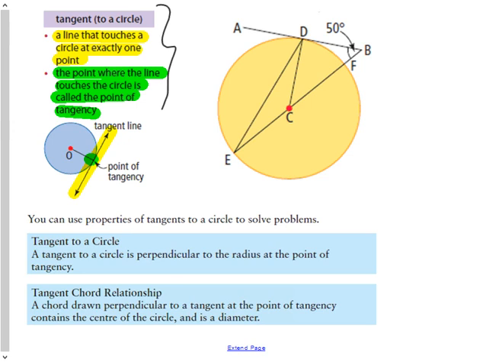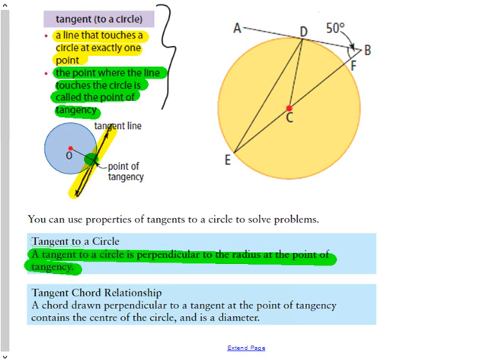Now, the properties, the things we're going to use from that information, are these two following things. The first thing is that a tangent to a circle is perpendicular to the radius at the point of tangency. That sounds complicated, but it's not really.